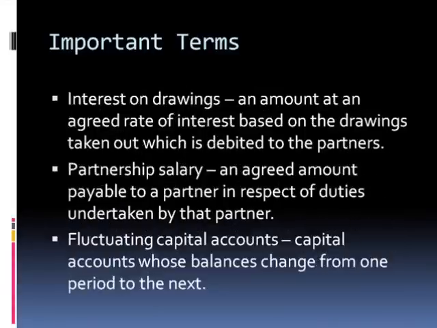Other important terms: interest on drawings. This is an amount at an agreed rate of interest based on the drawings taken out, which is debited to the partner's account. Credited and debited.